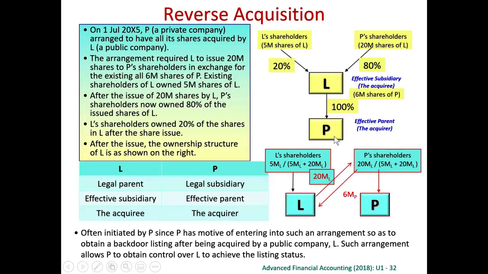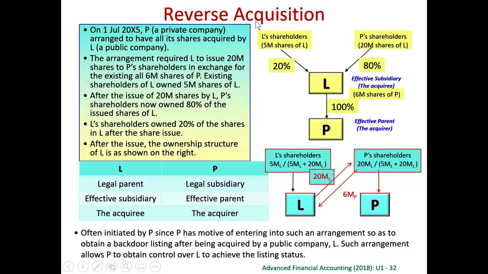So this is a backdoor listing. By this backdoor listing, they achieve a listed status, and it is the entity at the bottom who becomes the acquirer. So we call this reverse acquisition.